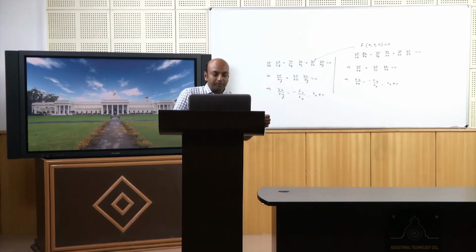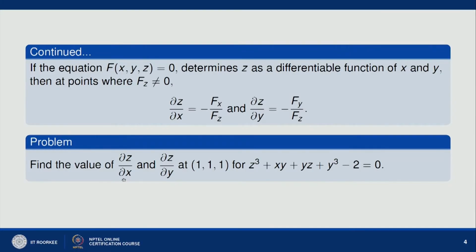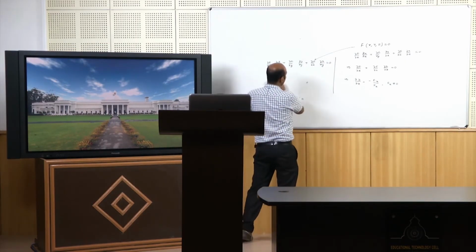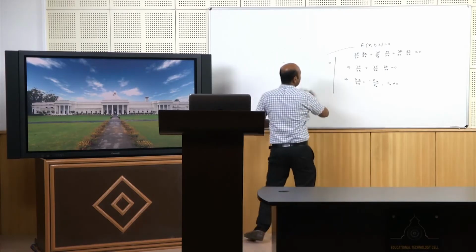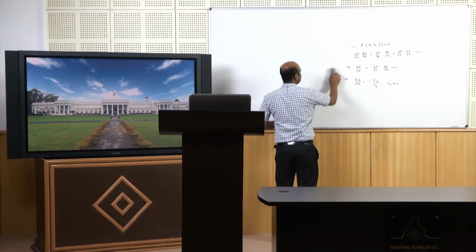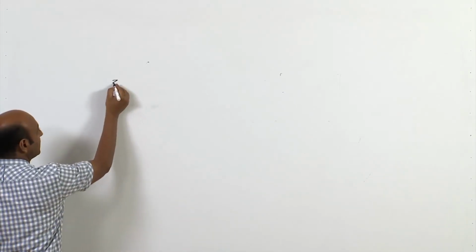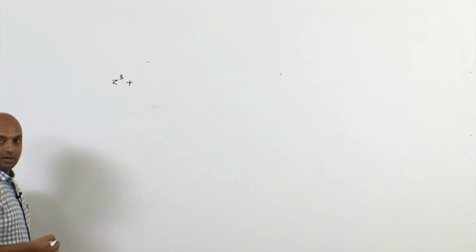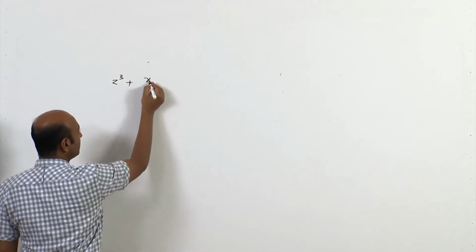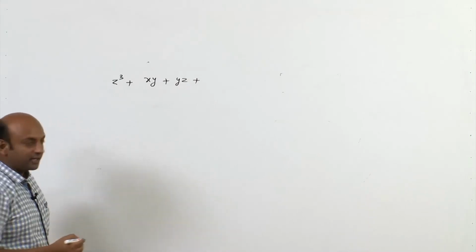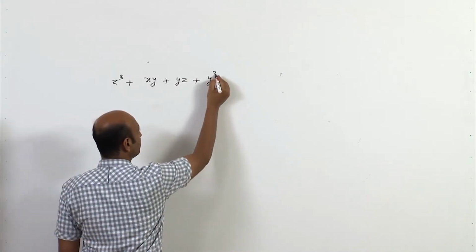Suppose we have this problem: find the value of del z by del x and del z by del y at 1 1 1 for this expression. We can obtain these values directly, and we can also use these formulas. The equation is x cube plus x y plus y z plus y cube minus 2 equal to 0.